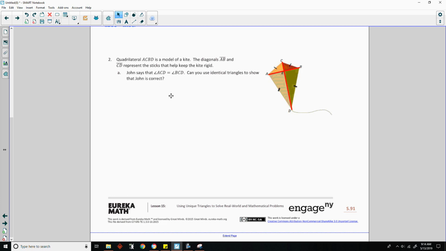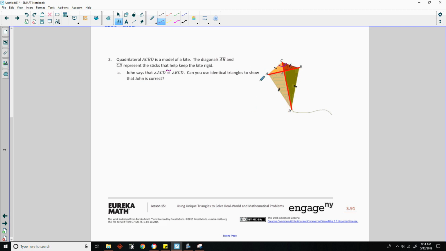John says that angle ACD, which is right here, is congruent to angle BCD, which is right here. Can you use identical triangles to show that John is correct?